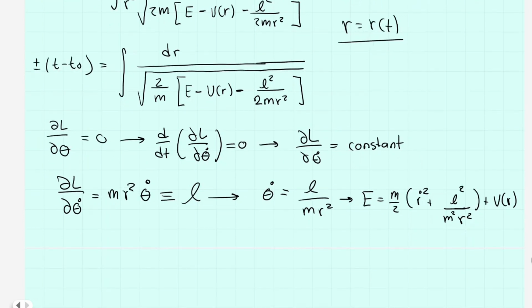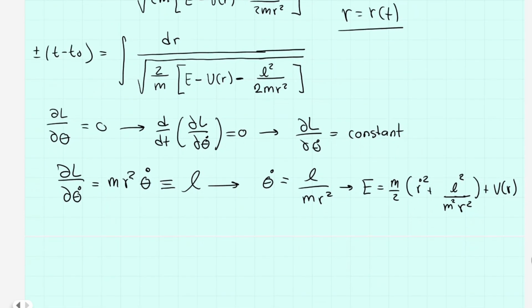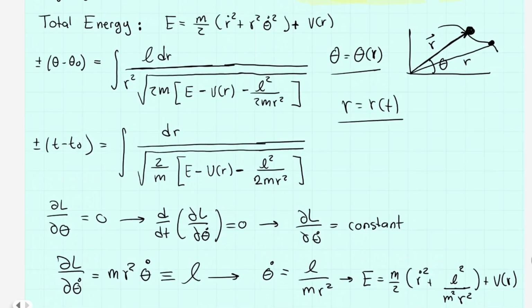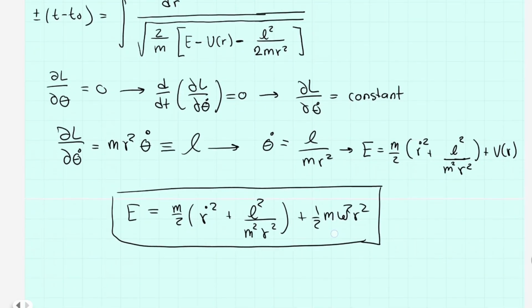And in the case of the isotropic harmonic oscillator, we will have that the total energy is m over 2 times r dot squared plus L squared over m squared r squared, then plus 1/2 m omega squared r squared. So this is a very important step. We have found the total energy for the isotropic harmonic oscillator.